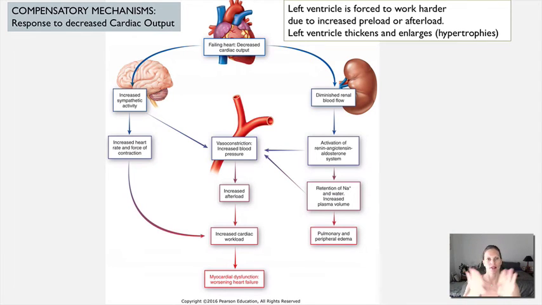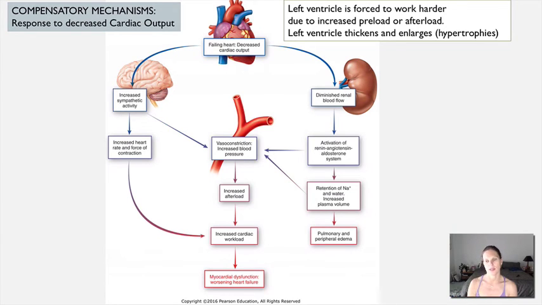And then you can see how it splits to how the body responds to that decrease in cardiac output. On the left side of the screen, we have an increase in sympathetic activity, which then, of course, is going to cause sympathetic stimulation of the heart, which is going to increase the work ultimately, and can potentially lead to myocardial or ventricular hypertrophy.